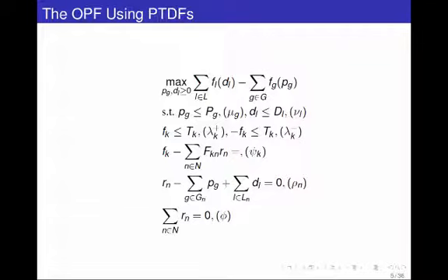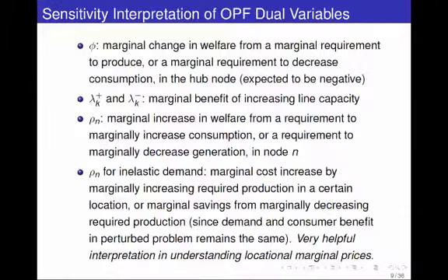The sensitivity interpretation of the phi is: how does my objective function change if I relax this constraint by slightly increasing the right-hand side?